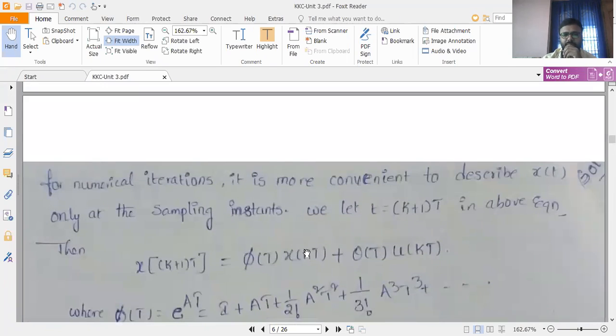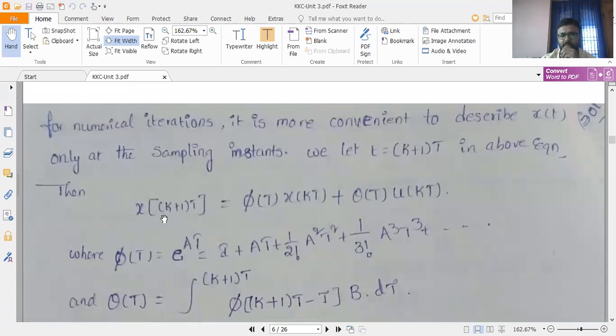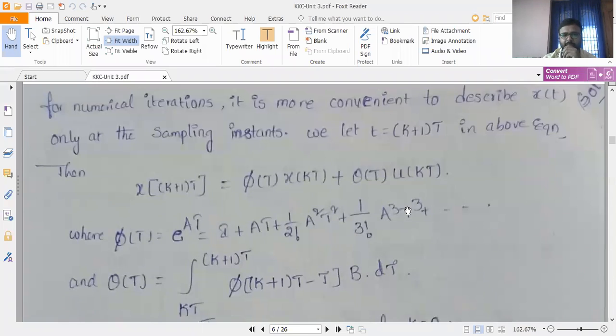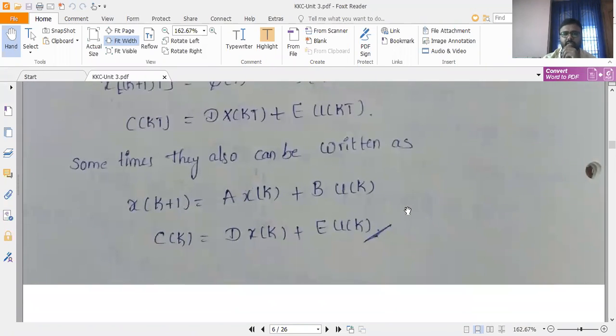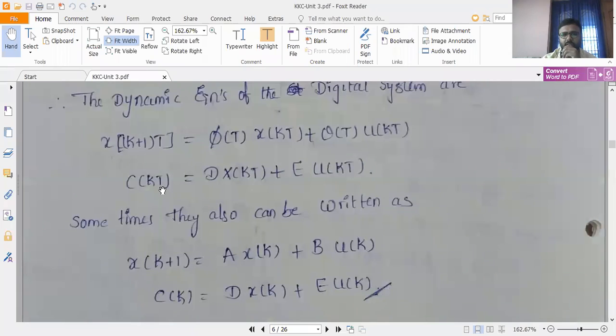We have just rewritten this equation: x of (k+1)T is equal to phi of T into x of kT plus theta of T into u of kT, and c of kT is taken as D into x of kT plus E into u of kT.